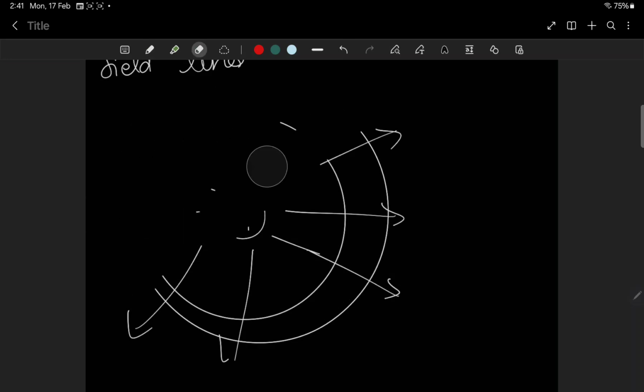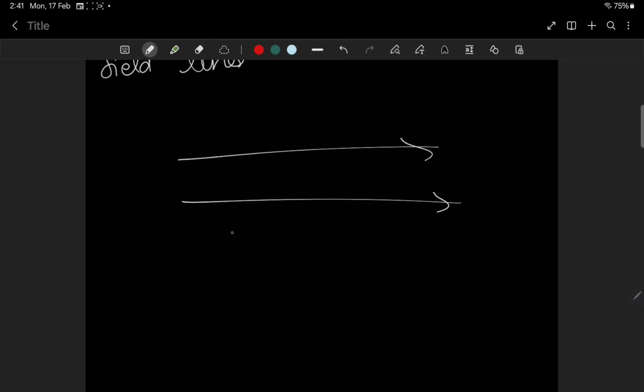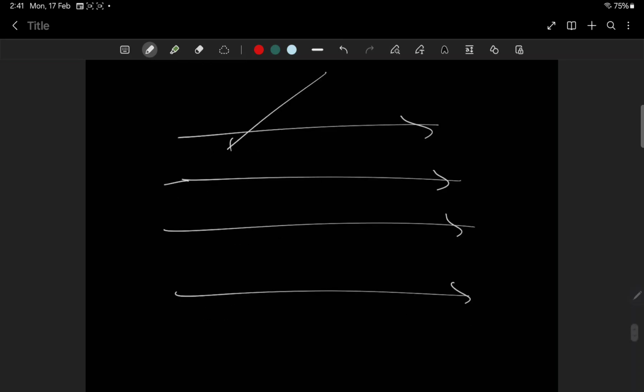These electric field lines are coming from an infinite source. If I take a surface like this, this surface is perpendicular to the electric field lines.